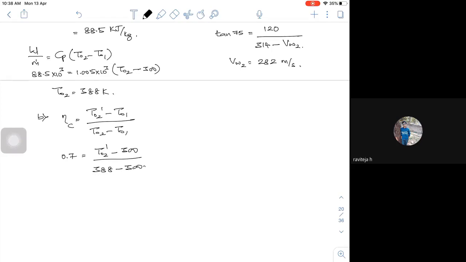After cross multiplication I get T02 dash as 361.6 Kelvin, which is less than T02. You can verify it on the corresponding TS diagram.